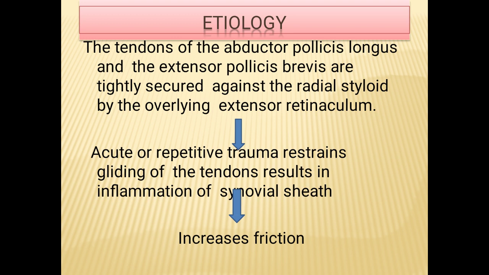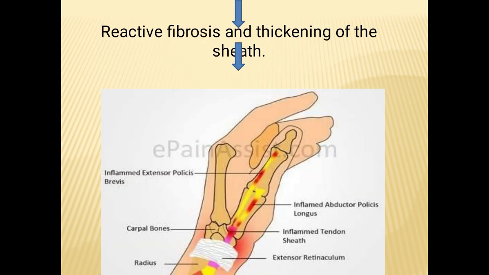Acute, or more often repetitive, trauma that restrains the gliding of the tendon results in inflammation of the synovial sheath. Whenever there is inflammation, there will be edema, and this increases the friction. The end stage of any inflammation, as you have seen earlier in your studies, is reactive fibrosis and thickening of the sheath.